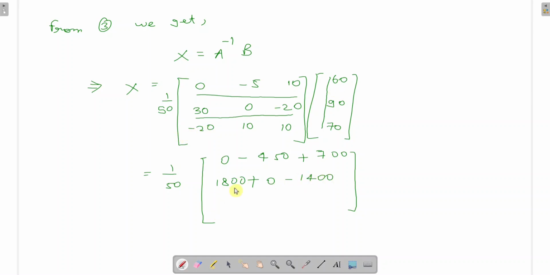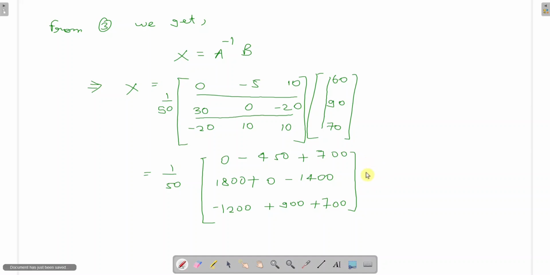Then minus 20 times 60 is minus 1200, plus 10 times 90 is 900, plus 10 times 70 is 700.